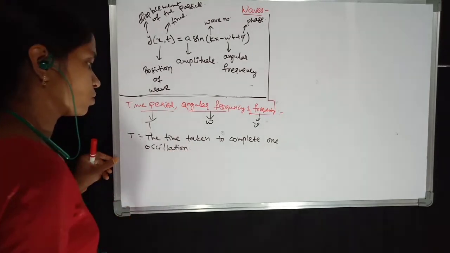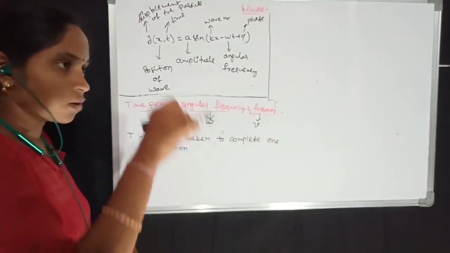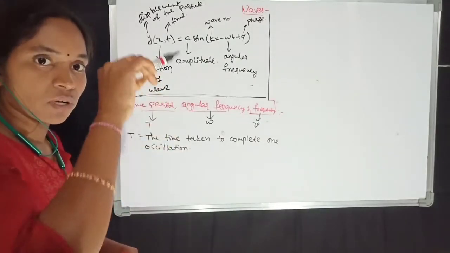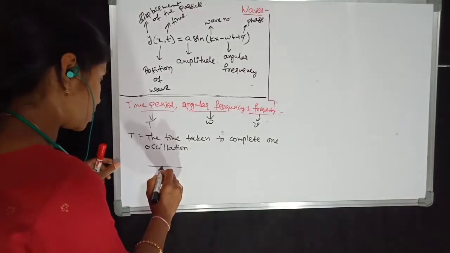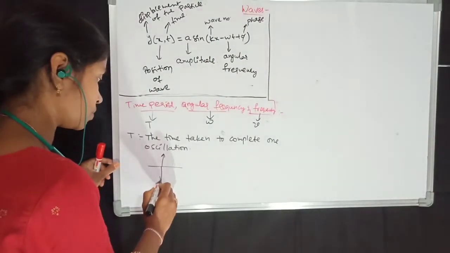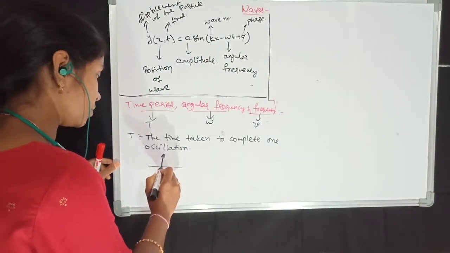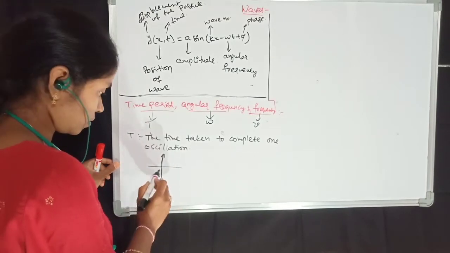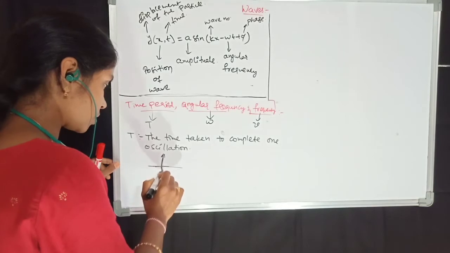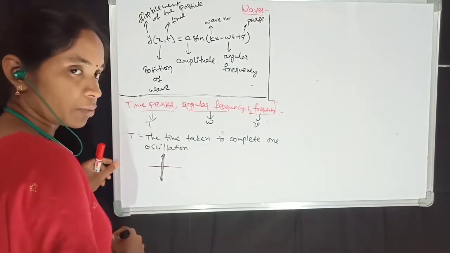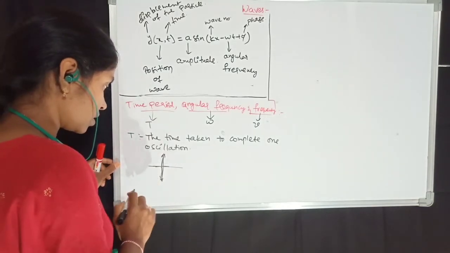I had already taught you that a particle oscillates about its equilibrium position. This is the equilibrium position. Initially, the particle is here.